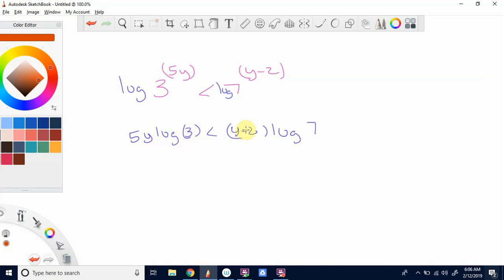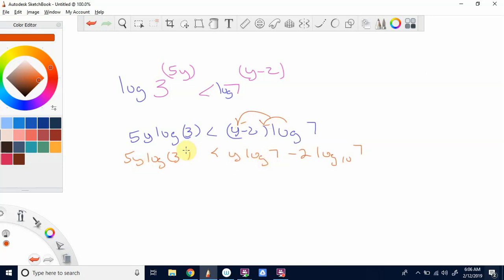So now I'm going to distribute this. I have two terms, right? Right here times log base 10 of 7. So I have y log base 10 of 7 minus 2 log base 10 of 7 is less than 5y log base 10 of 3. Okay, so all I did was I took this log here and I distributed multiplication. I can do that. So now I'm solving for y.